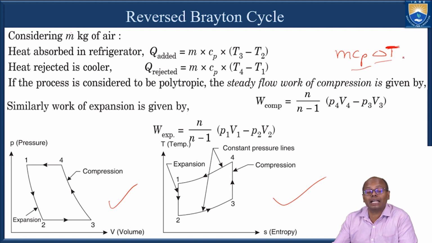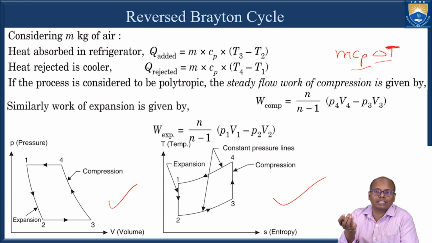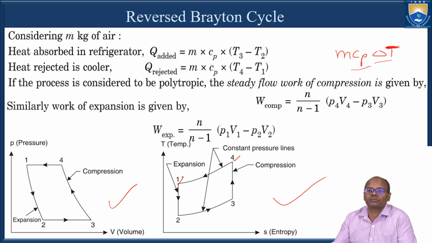And what is this delta T? Here, if there is heat rejection, it means the inlet temperature is very high and the outlet temperature is low. Input temperature high and output temperature low means it is a heat rejection process. And if it is a heat absorption process, the inlet temperature is low and the outlet temperature is high.